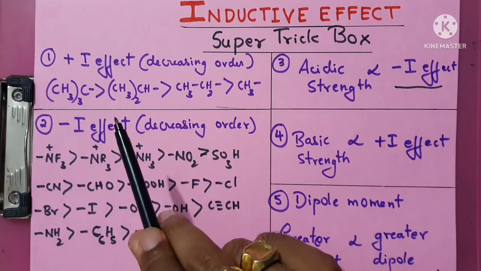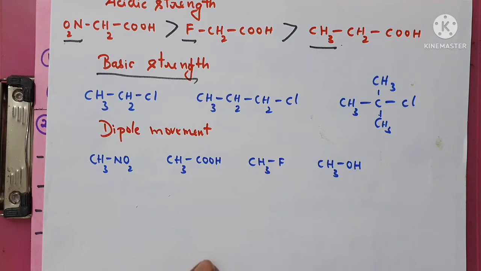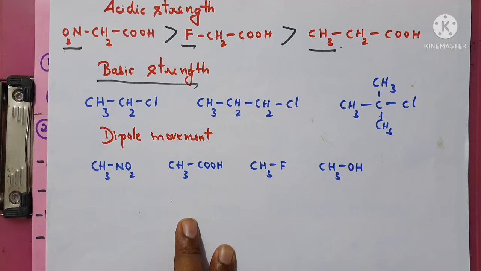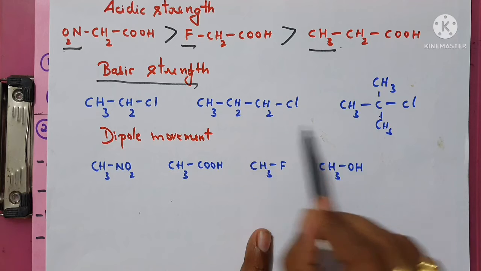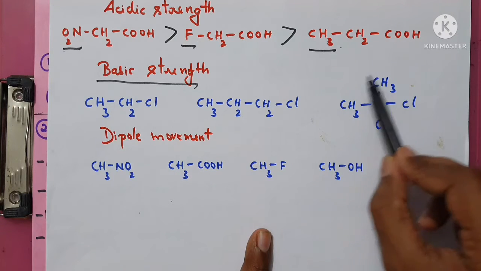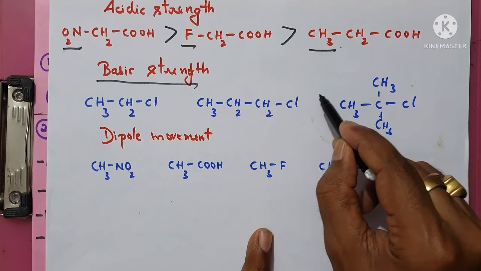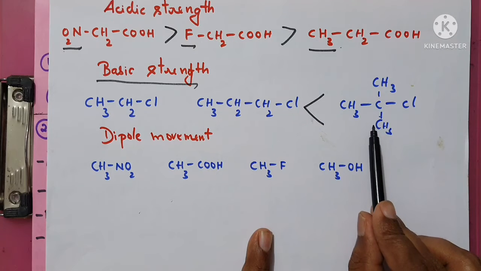So if you look into this example, children, which of them will show more inductive effect? I mean, more plus I means more basic strength. If you observe here, among these two, this has the branched tertiary carbon where it will show more plus I effect.